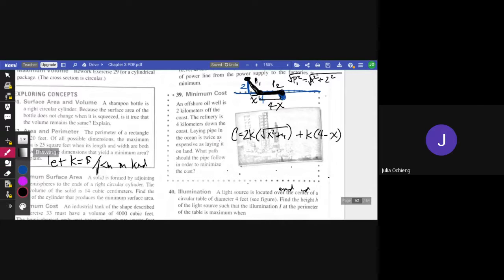So what I'm going to do is find the derivative of this. Remember, 2K just counts as a number. And this part here, I'm going to rewrite as 2K times X squared plus 4 to the 1/2 to make it easier to find the derivative of that, plus 4K, because I'm going to distribute that, minus KX.